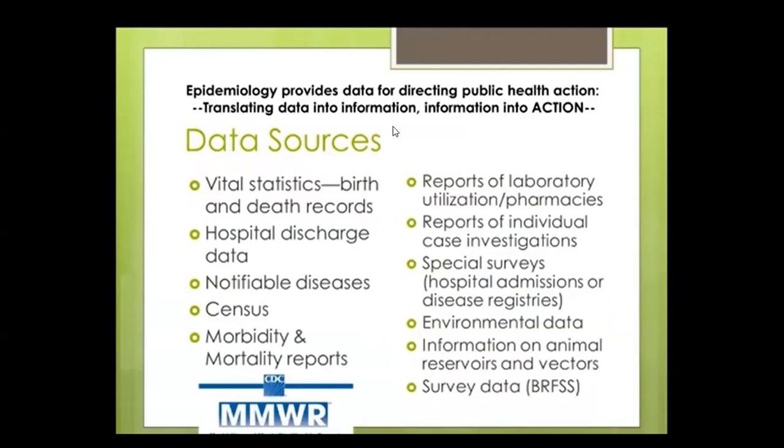And then the census, we use that data because it gives us the denominator for our rates that we calculate. We track morbidity and mortality reports, and the CDC publishes a weekly report called the MMWR, the Morbidity and Mortality Weekly Report. And you can see the other ways that we get our data listed on the screen there.